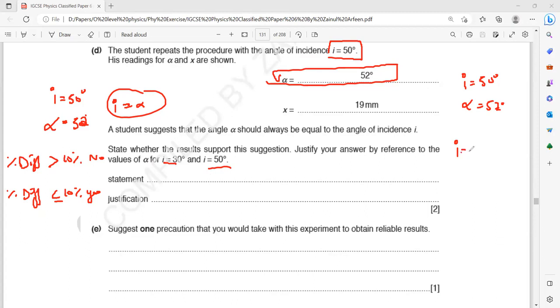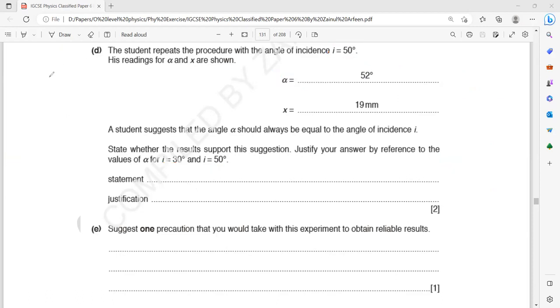If our value of angle of incidence was 30 and our alpha was 30, the two values are equal, and we'll say yes. We don't even have to calculate the percentage difference. We'll say yes, the two values are equal within the limit of experimental accuracy. But if you're not able to conclude whether they are equal or not, for example 50 and 52, you will always calculate the percentage difference.